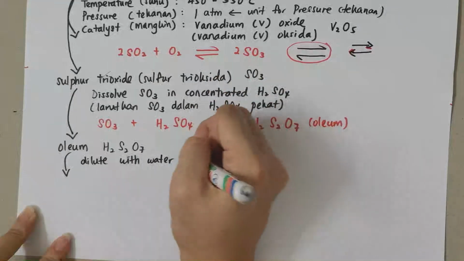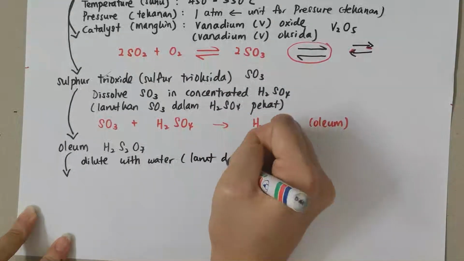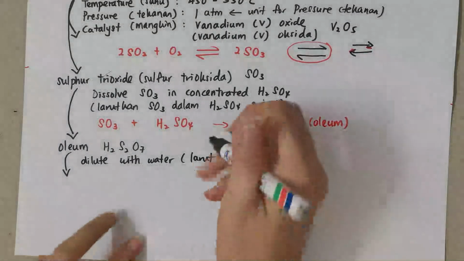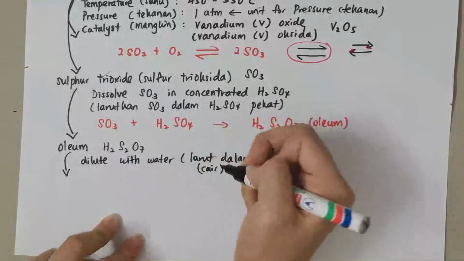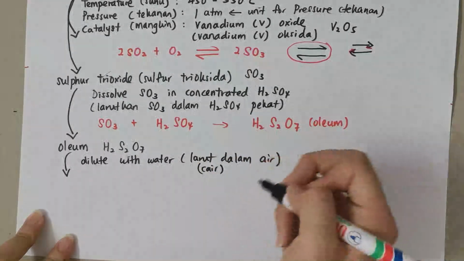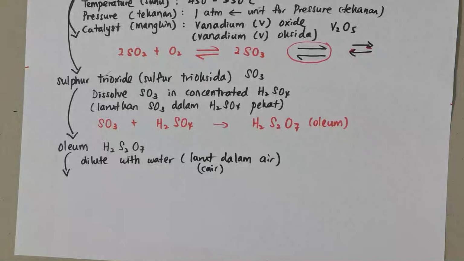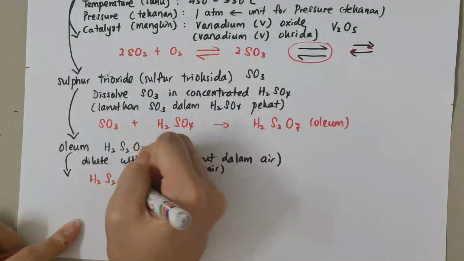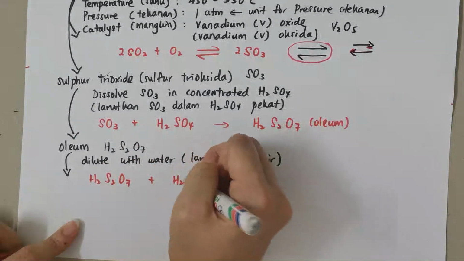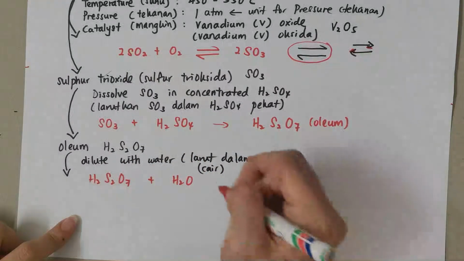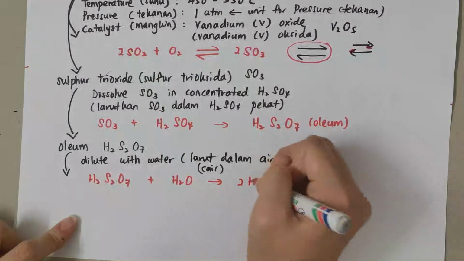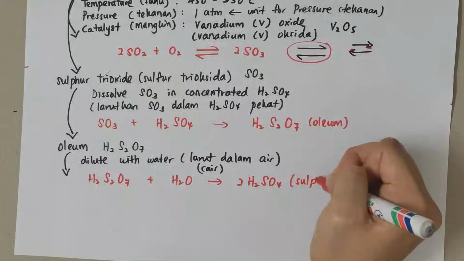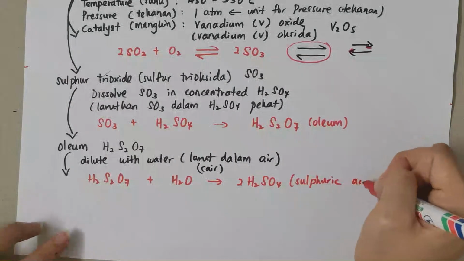Kita larut dalam air. When you dissolve it in water, it becomes dilute. What is the chemical equation? H2S2O7 plus water eventually gives H2SO4. This one is your sulfuric acid.